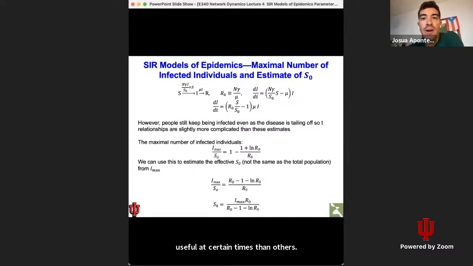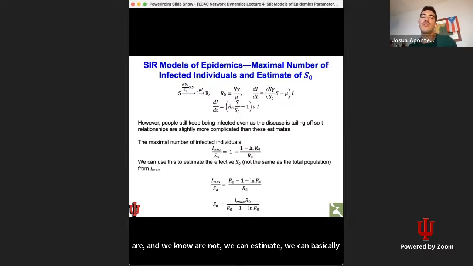So other important indicators of the epidemic that we can get, once we know the important parameters of the SIR model, is the maximum number of infected individuals. And if we know what the maximum number of infected individuals is, and we know R naught, we can basically estimate what our initial susceptible population was.